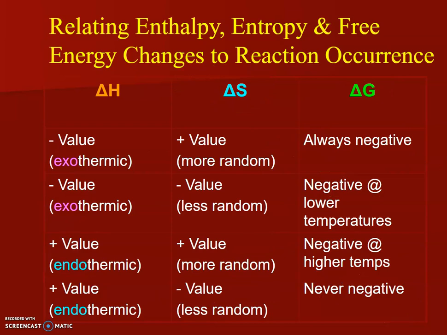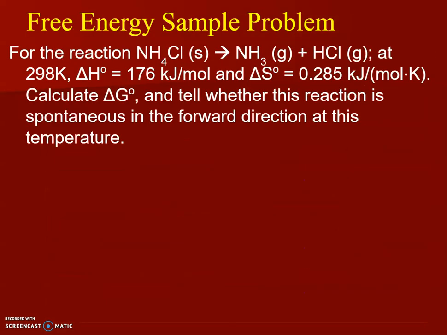Okay, so let's calculate some values here. All right, so here is our reaction. Okay, we have ammonium chloride, NH4Cl, reacting with or decomposing into NH3 and making some hydrochloric acid. This is going to occur at 298 Kelvin.